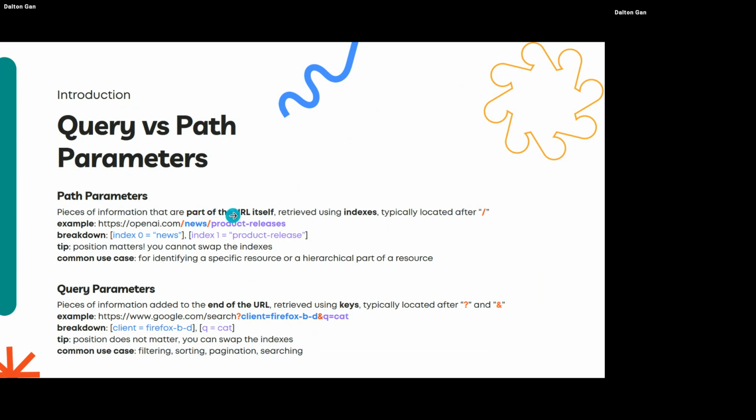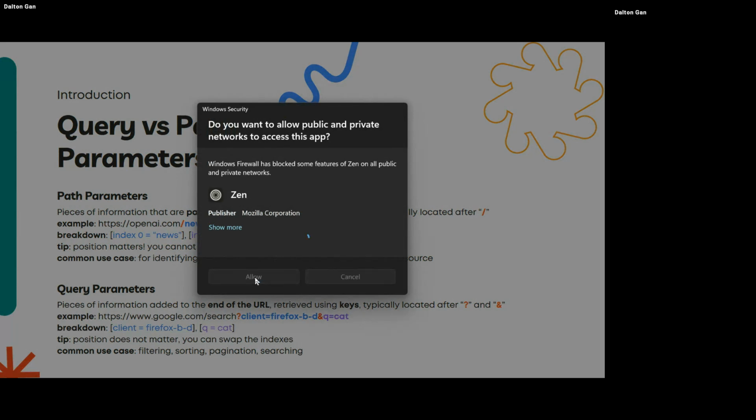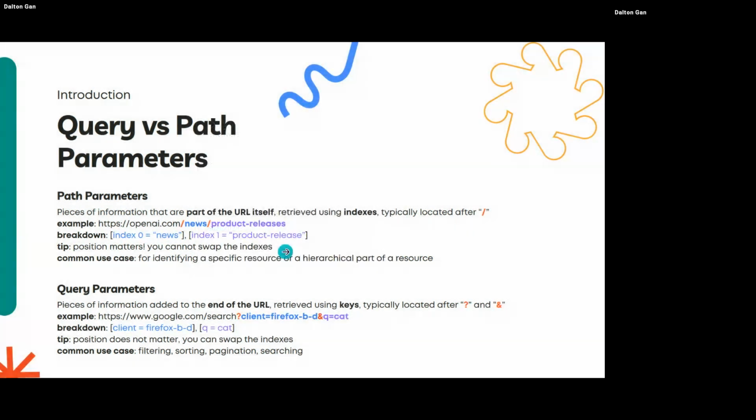It's hierarchical, meaning if you swap the location of product release and news, it will no longer work because the folder is hierarchical. So the tip here is that the position matters, you cannot sort, and the common use case is to identify a specific location of a resource.